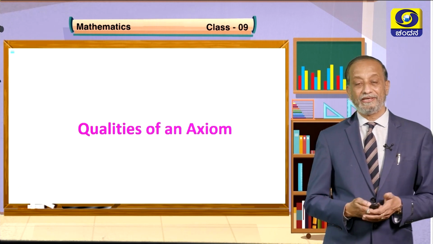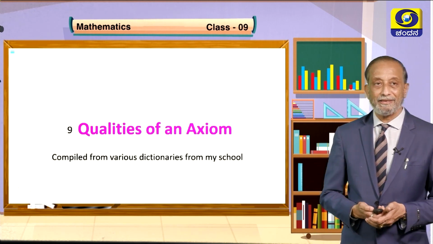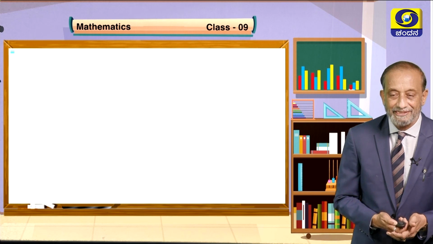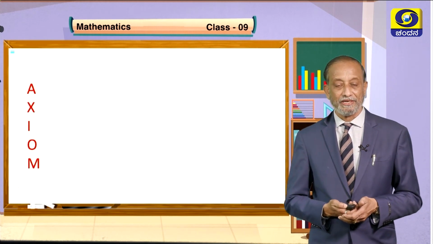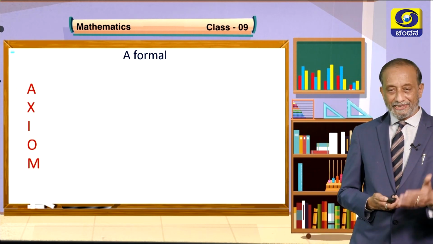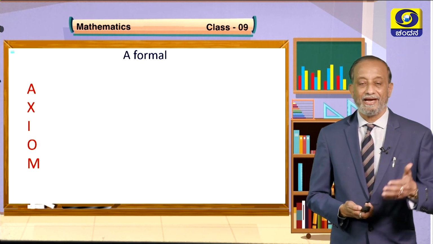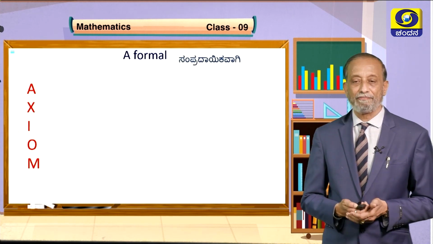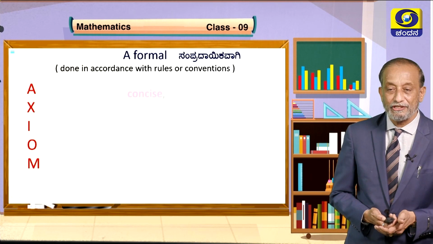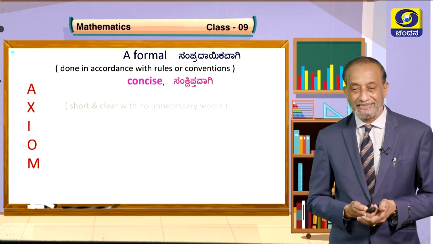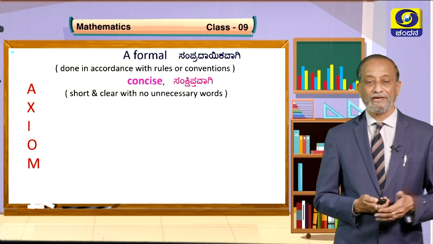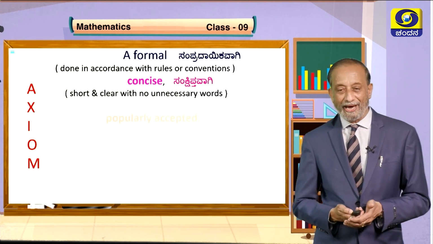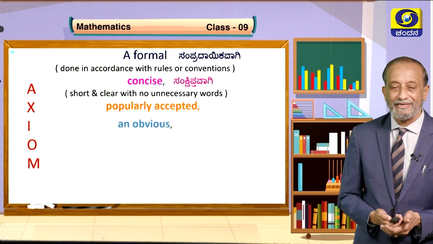Okay. So, here are 9 qualities of an axiom compiled from various dictionaries from my school. So, I could understand this from various dictionaries as axioms as a formal, which means done in accordance with rules or convention. Concise means sankshiptavagi, short and clear with no unnecessary words, popularly accepted.